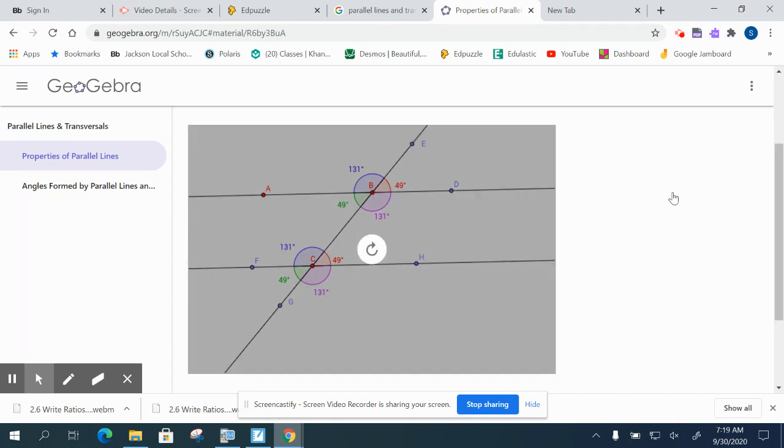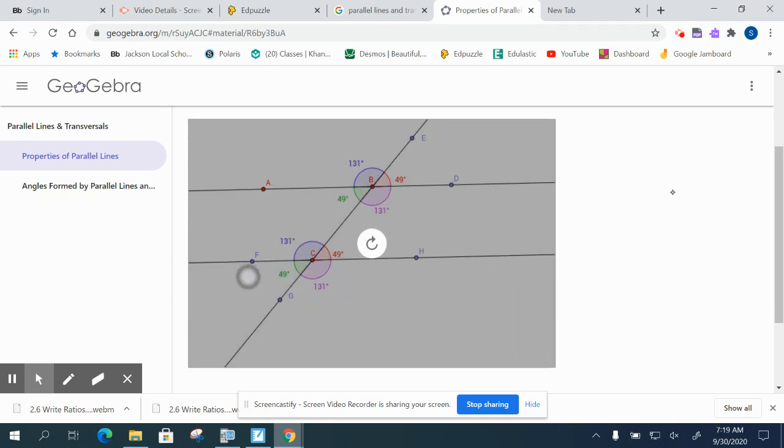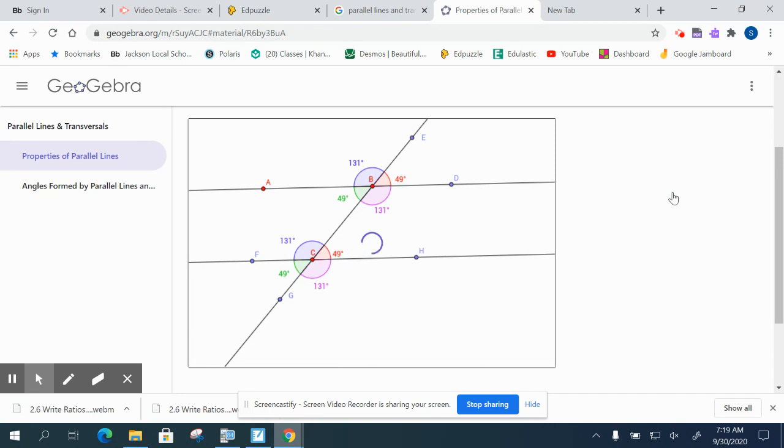And I don't know if this applet will allow me to, here, let's press play, see what happens. Okay, so I don't know if this would let me drag. Okay, so this isn't going to let me drag FH out of being parallel, but if it wasn't parallel, so if I dragged it down and say it went like this, then would the corresponding angles still be congruent?